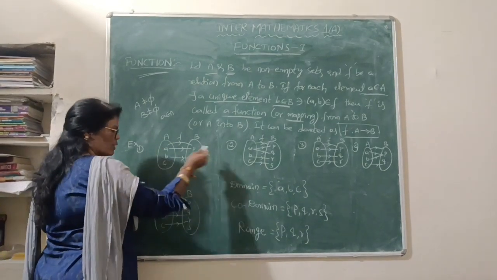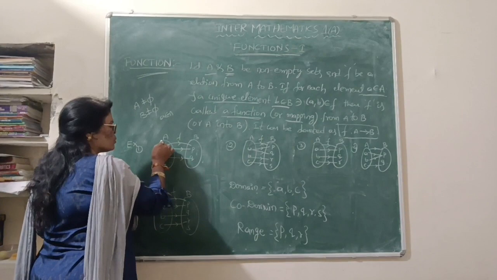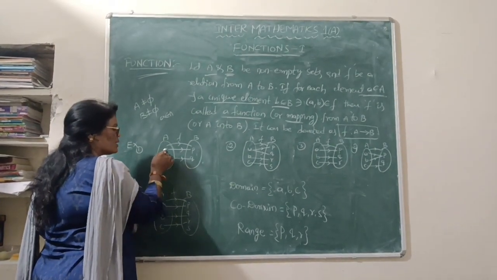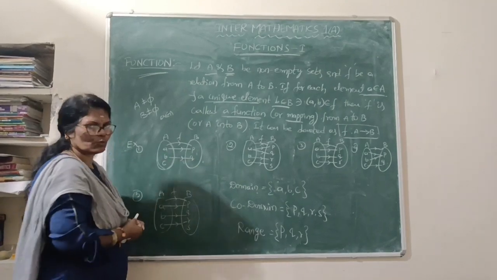By using these examples I'll explain. Here A contains the elements a, b, c and B contains p and q.